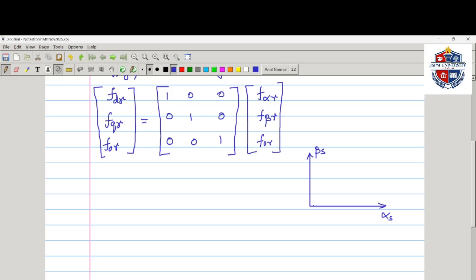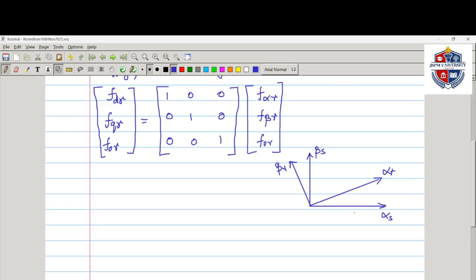This is the rotor, and the rotor axes have a 90-degree displacement. So this is nothing but alpha r and beta r.